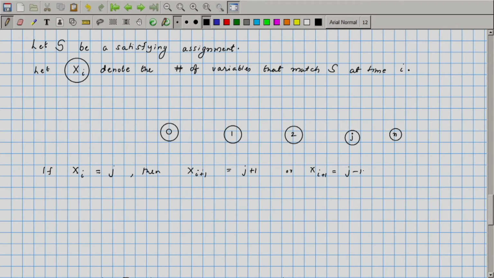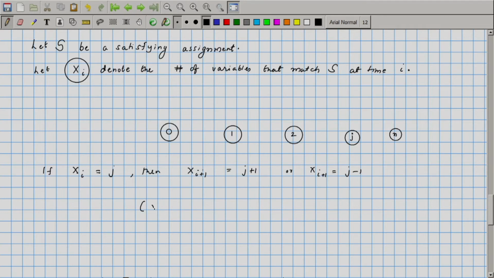These are the only two values it can take, because we are assuming j is not equal to n. If j is not equal to n, then we are choosing a clause which is not satisfied, and in that clause we flip one of the variables. Now, when you flip one variable, that can either increase or decrease the number of matches.